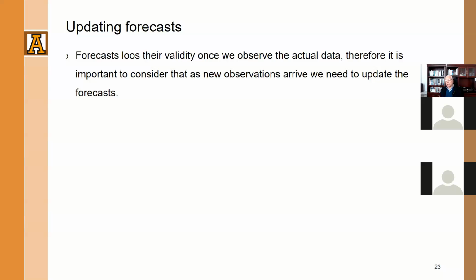Suppose we're working with monthly sales data. I have sales up to last month, September, and I forecasted my sales for October. Once October is over, I will know what the sales for October are. So I could just update the forecast for November if I don't want to recompute the model.